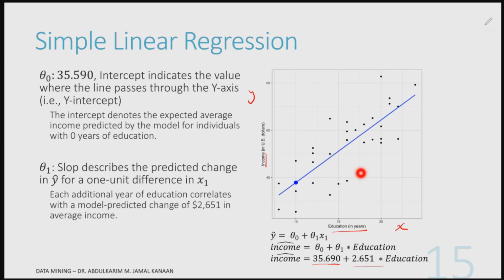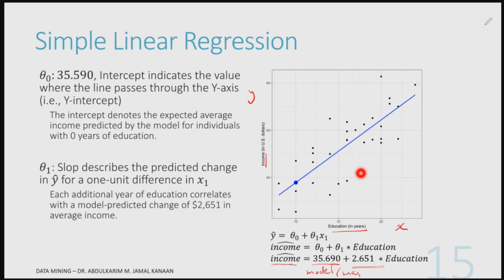So this will actually mark the income per hour. All right, we need higher income. So this would be our mapping function or our model.